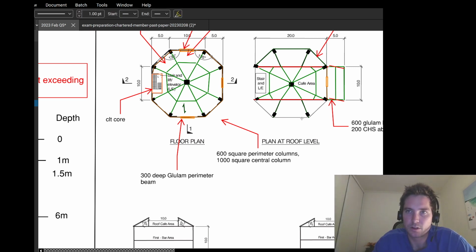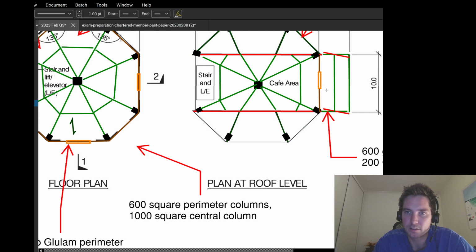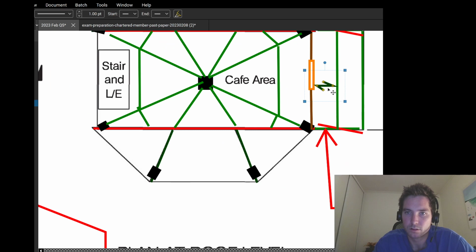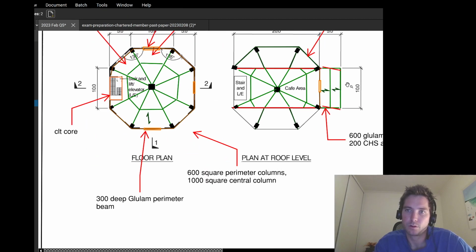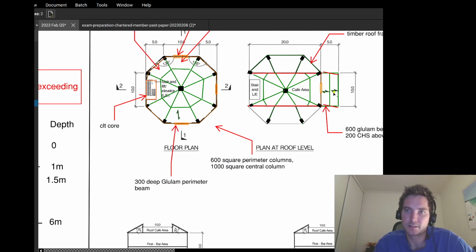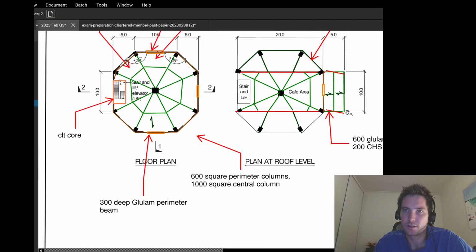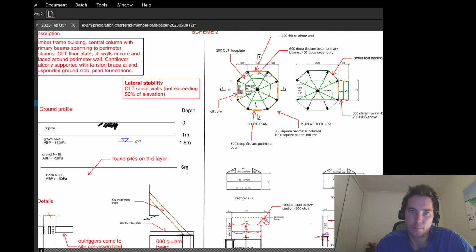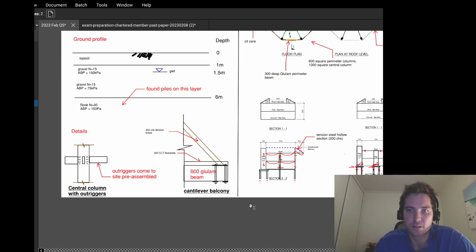The CLT will have to span like this. That's a bit more logical. Yeah, 5-meter spans, and then you've got your secondary beams spanning onto these 600 deep glulam beams that are picked up by your tension bracing here.